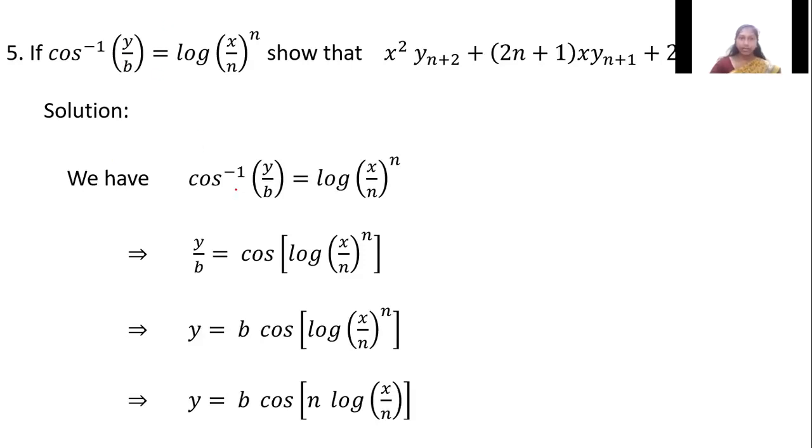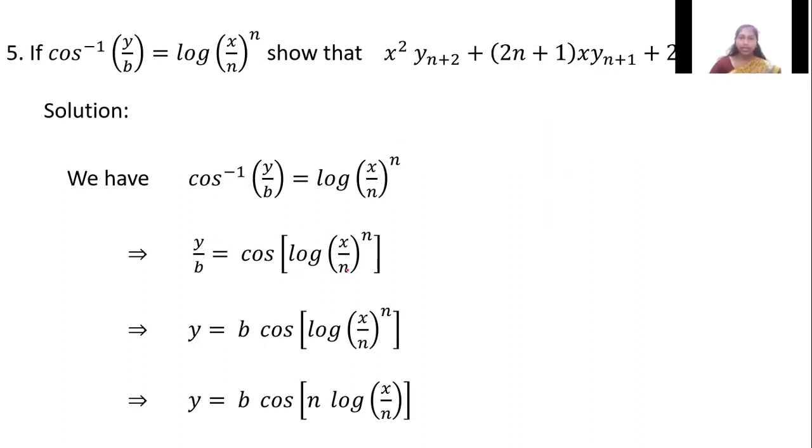The function is given like this, and in order to start simplifying, we can remove this cos inverse from the LHS. So taking the cosine function on both sides, what do we get? Cos and cos inverse get cancelled. We get y by b is equal to cos of log x by n the whole raised to n.